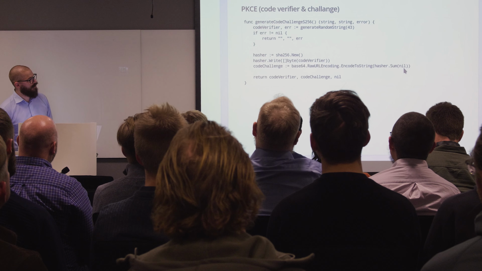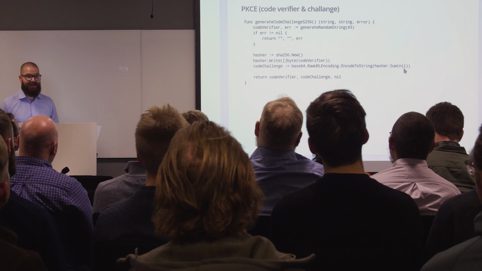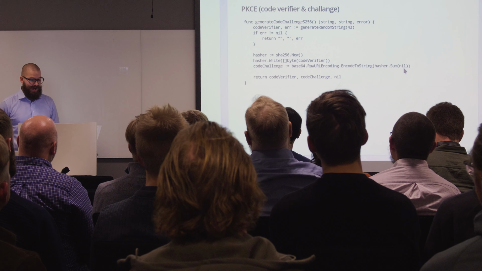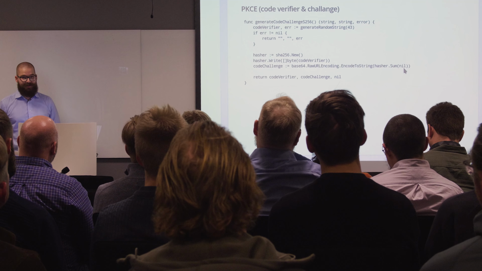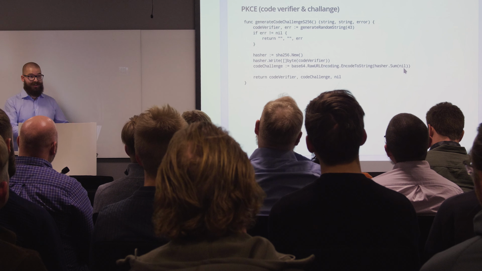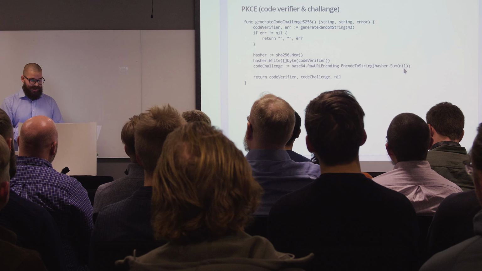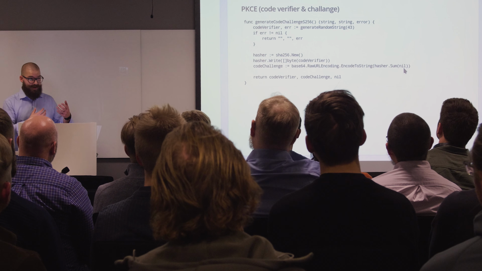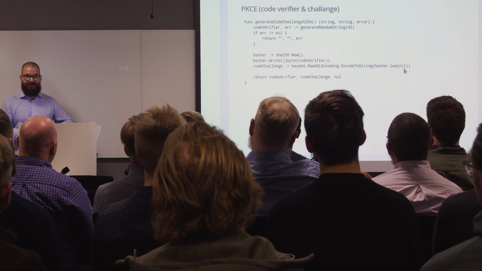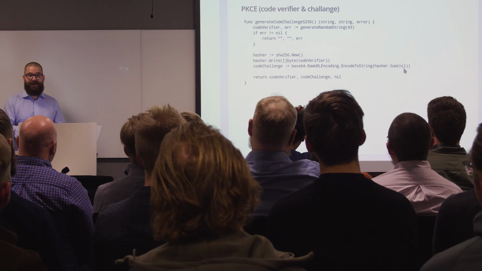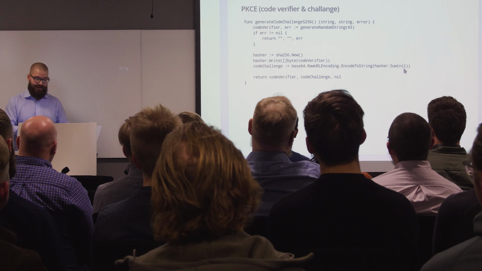And just as an example, how you could create this code verifier and challenge on your side. I'm not going to go through it specifically, but the big thing is the client, which could actually be the front end or the back end, generates a temporary, ephemeral secret and encodes it, and it gives you a challenge.